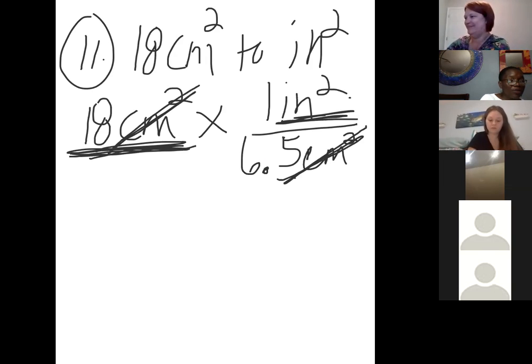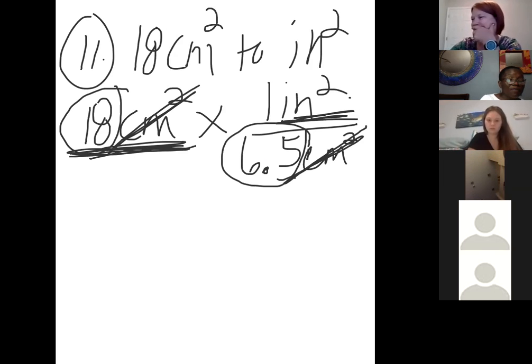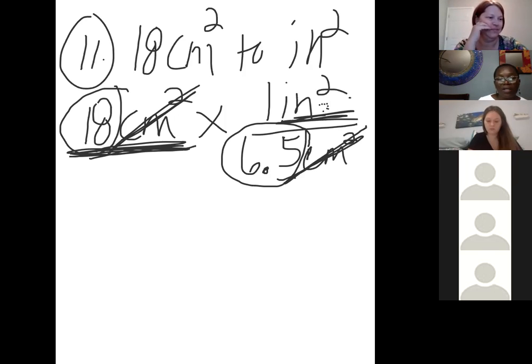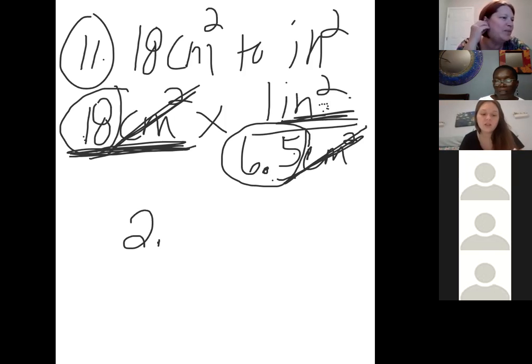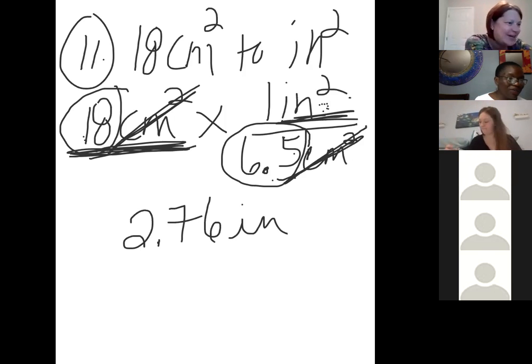So then you would take the 18 and divide it by the 6.5 in order to come up with the number of inches squared in 18 centimeters squared, guys. If you were to take a calculator and divide 18 by 6.5, that would give you 2.76 inches squared. And be careful with the rounding, okay?